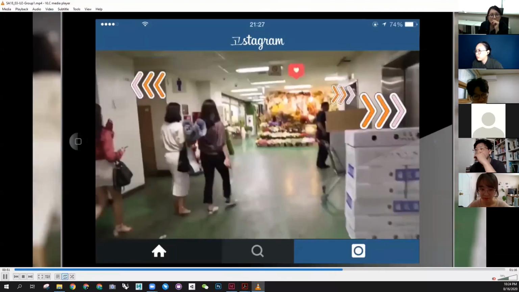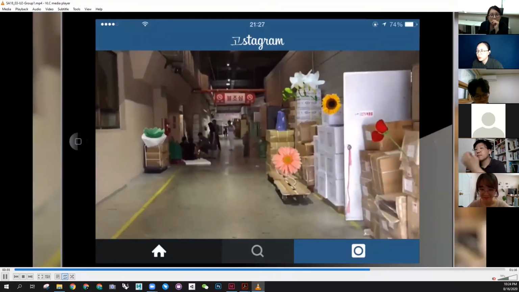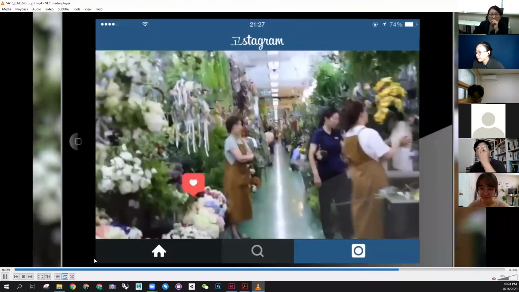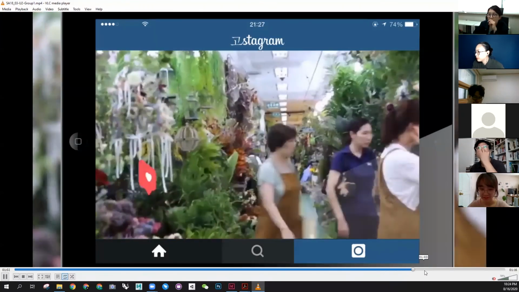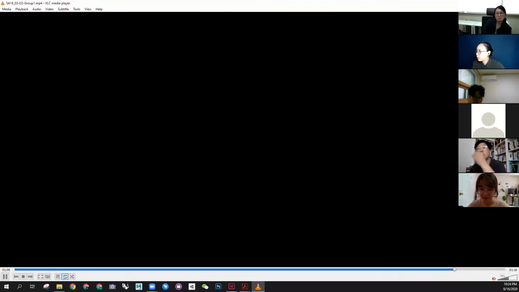So they're trying to use this method to activate that and lead people to find things around. I think that was an interesting proposal.